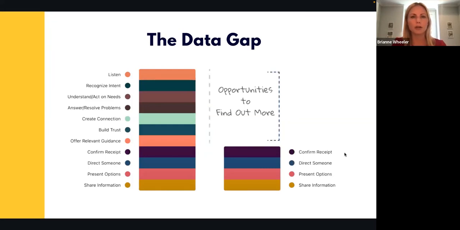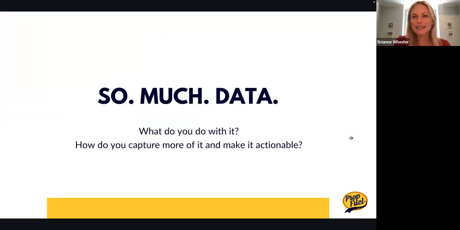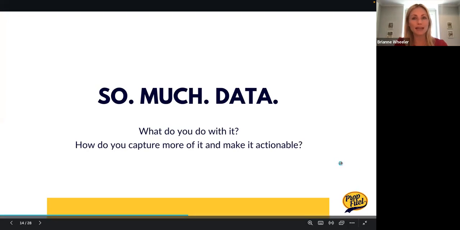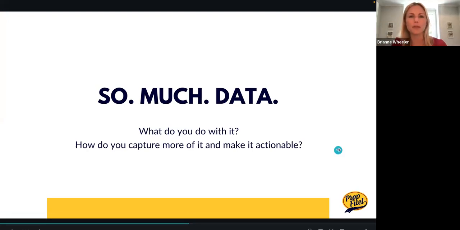Because if you try to do too much and combine too much data together, it can be a huge project. And by the time you get the answers you're looking for, you're past the point of needing it, or it's outdated again. So starting small is my suggestion. So much data, right? What do you do with it, and how do you capture more of it, and how do you make it actionable? How do you do something with it?